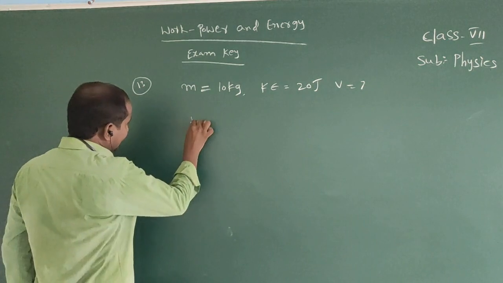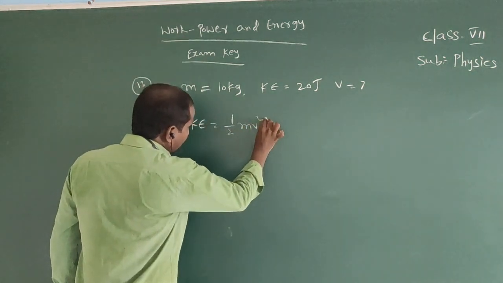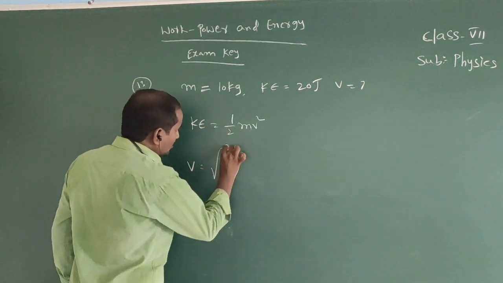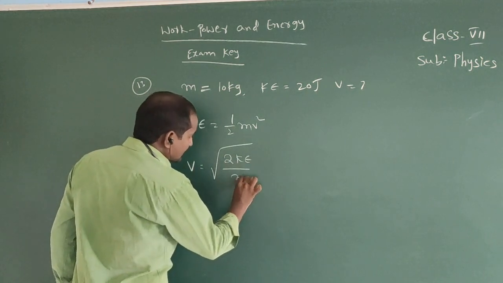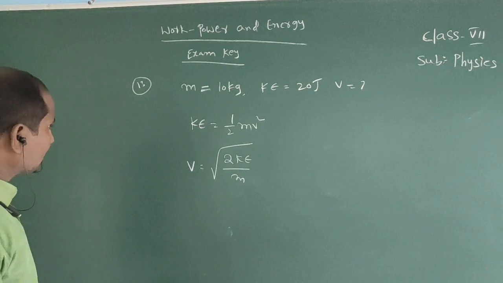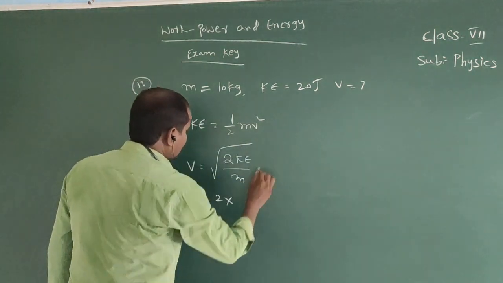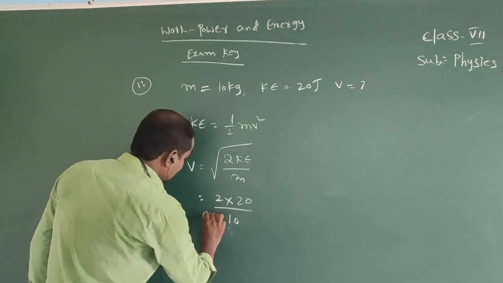So kinetic energy K equal to half into m into V square. From this we can write velocity equal to root of 2K by mass. So here 2 into kinetic energy 20 joules by mass 10 kg.